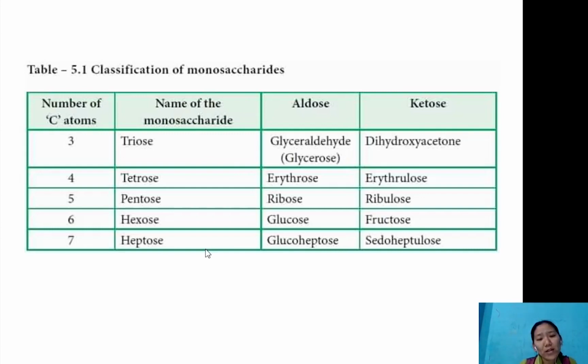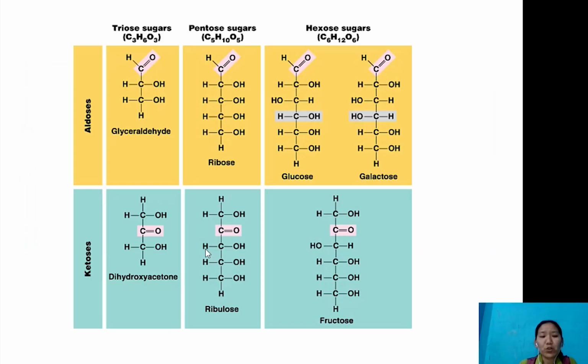Monosaccharides are also classified based on the functional group. It can be aldose or it can be ketose. First, let us look at the aldoses. We can see the aldehyde group CHO here.